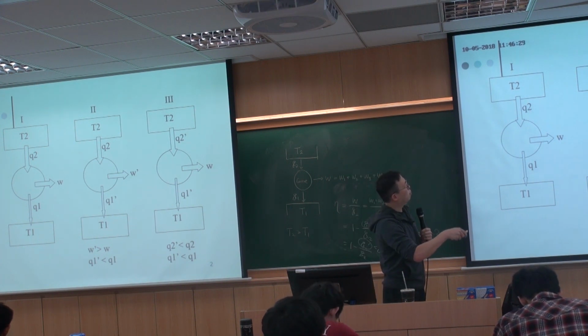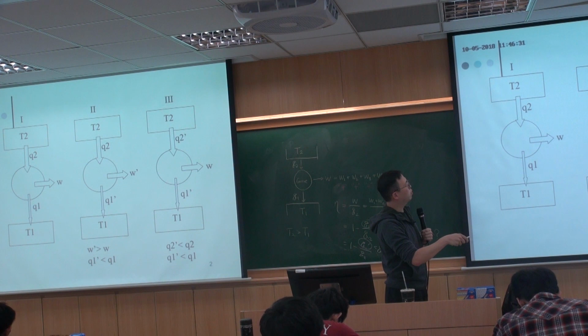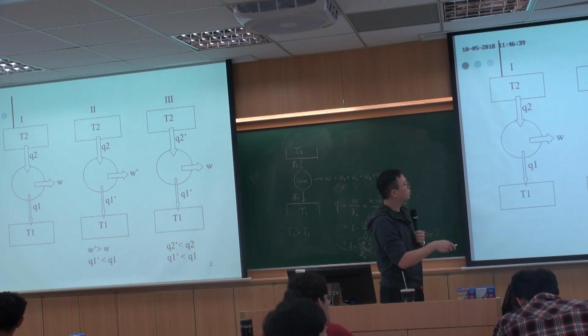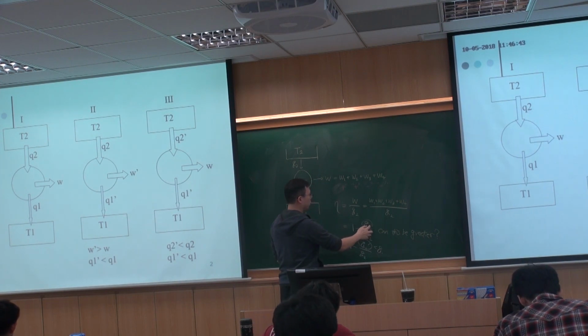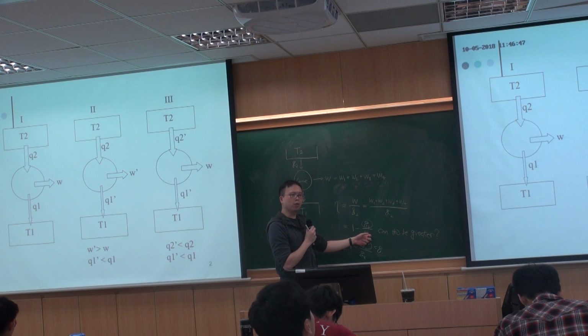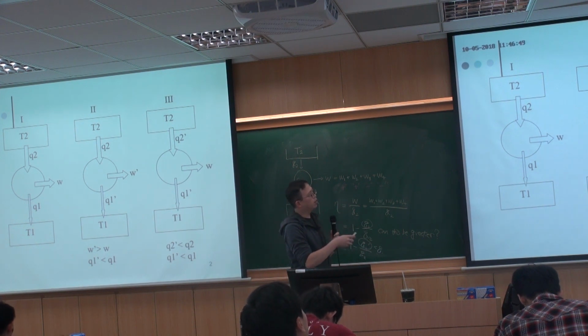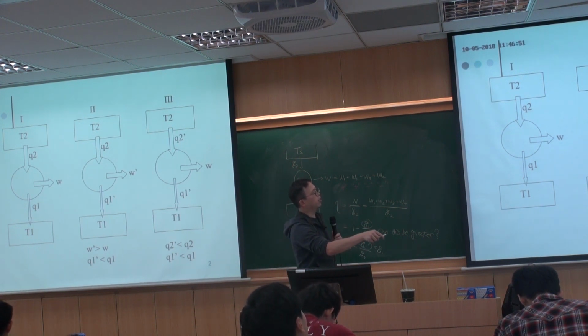And another example is that perhaps the work is the same. But what if we can reduce both Q2 prime and Q1 prime? In that sense, we're reducing these two things. We reduce the heat that's being absorbed by the mechanical part of the heat engine.